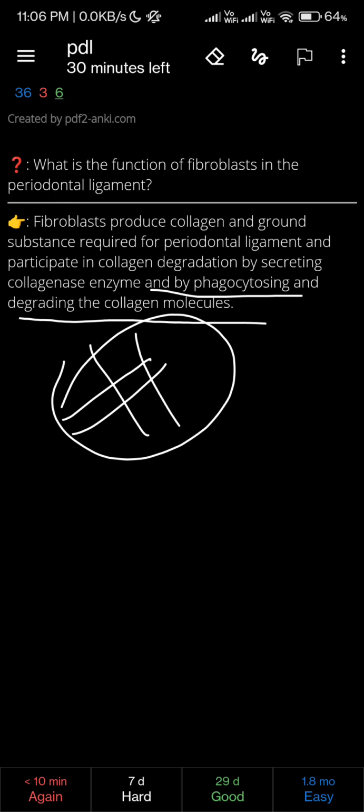So what is the origin of cementoblast in the periodontal ligament? Cementoblasts are derived from multipotent mesenchymal cells.